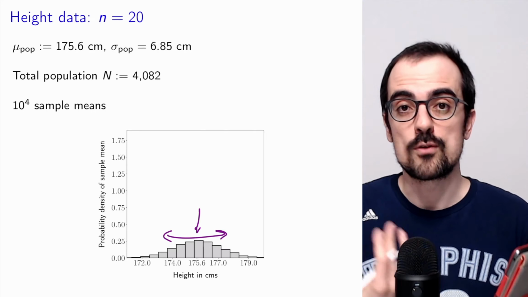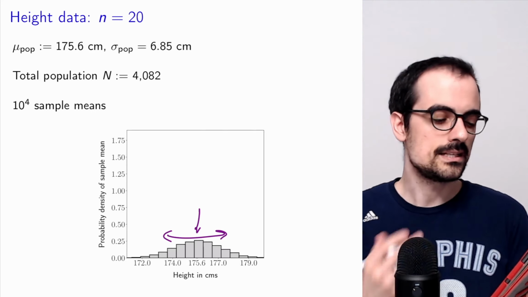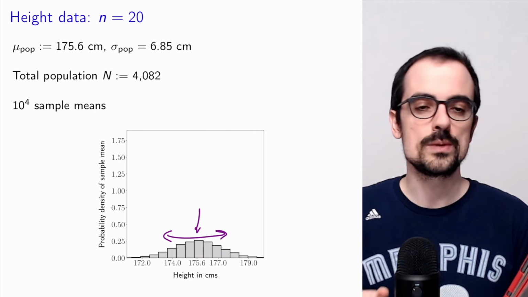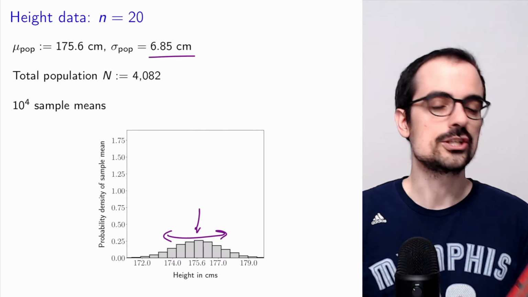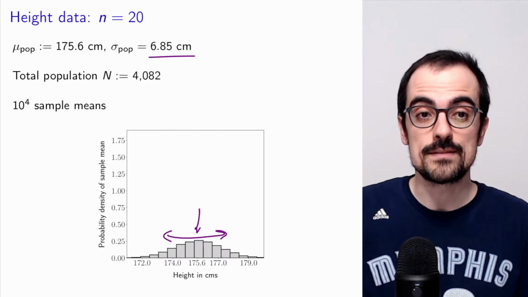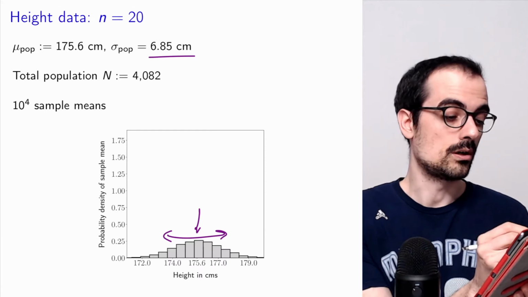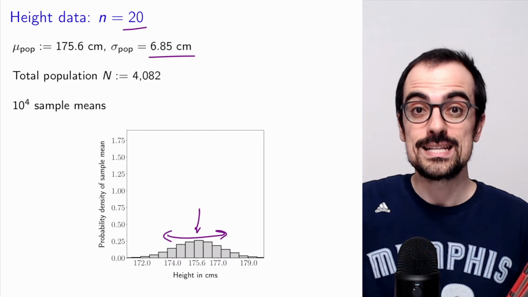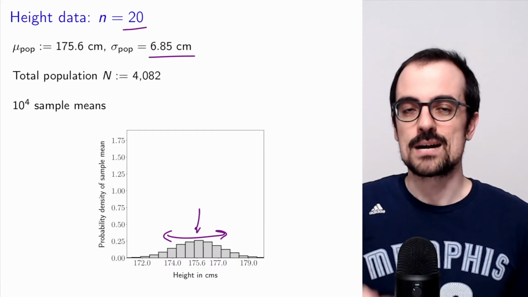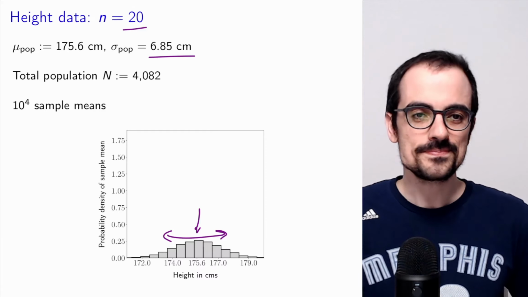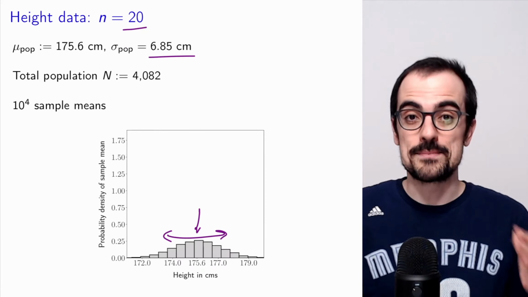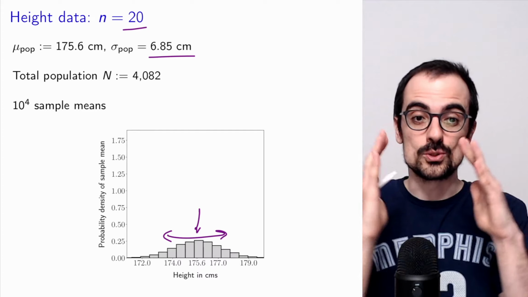And what our formula for the standard error tells us is that this standard deviation is going to be equal to the standard deviation of the population divided by square root of n. As we increase n, think about what is going to happen. Well, the distribution is going to get squashed.